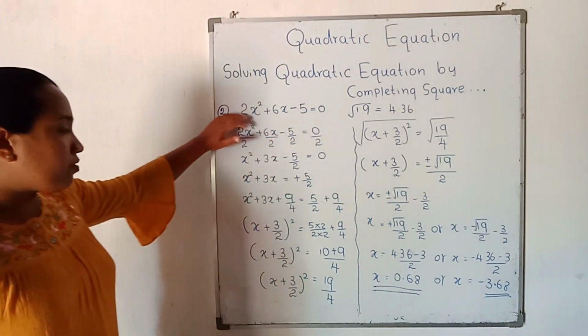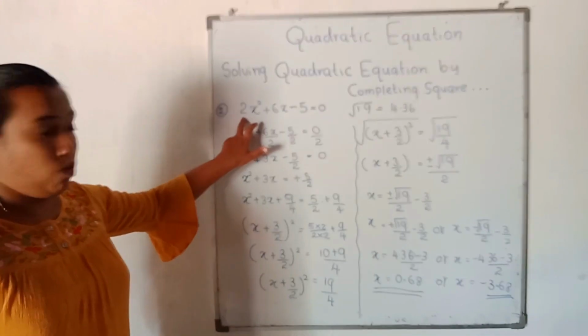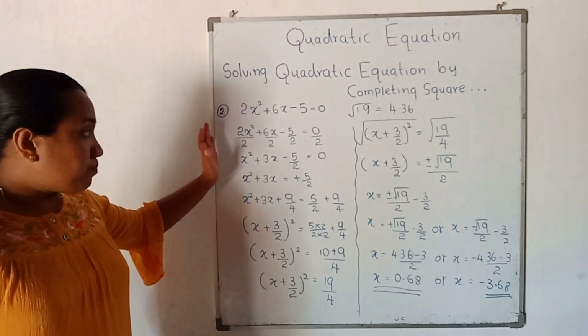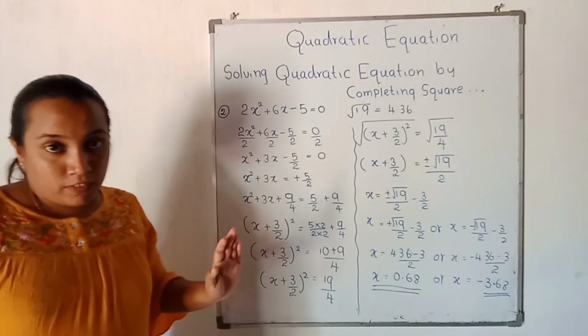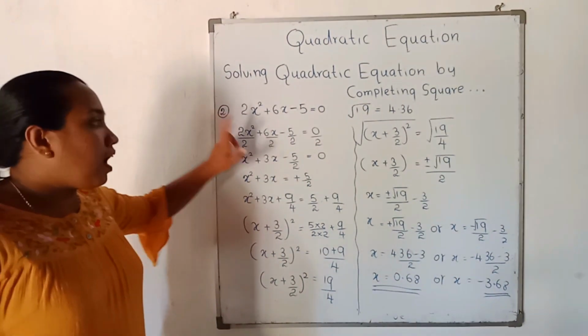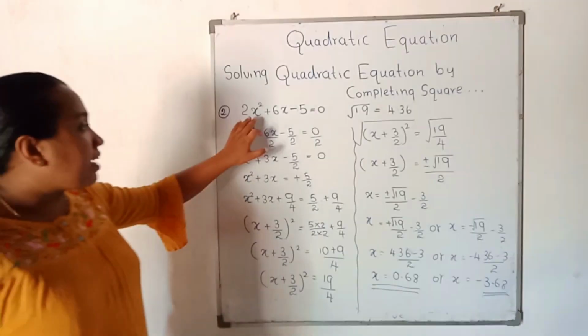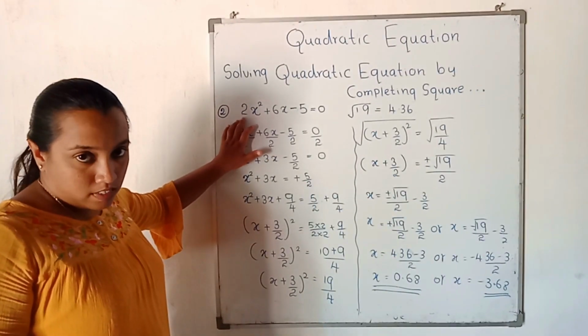This quadratic equation has a coefficient for x square also. In the previous one, there was no coefficient of x square. Before, it can't be solved by completing the square method while x squared has a coefficient.